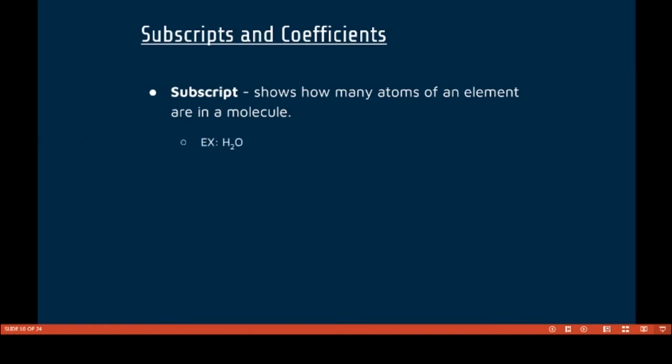For example, H2O: how many hydrogens here? Two. How many oxygens? Only one. So two atoms of hydrogen and one atom of oxygen. That is the subscript. This subscript does not change.